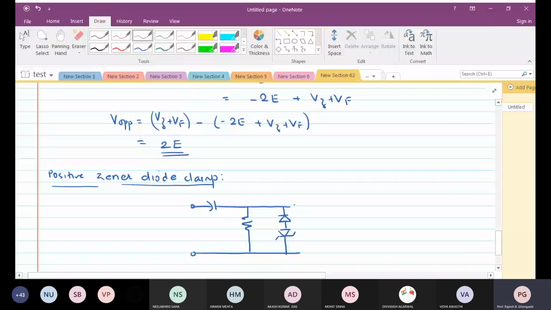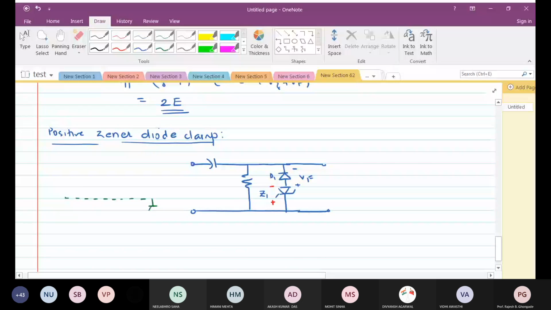Both the diodes are, so this is for the diode D1 and for this Zener diode, the polarities will be like this. Okay. So it is going to be exactly the same as that of the biased clamper. Let us see.